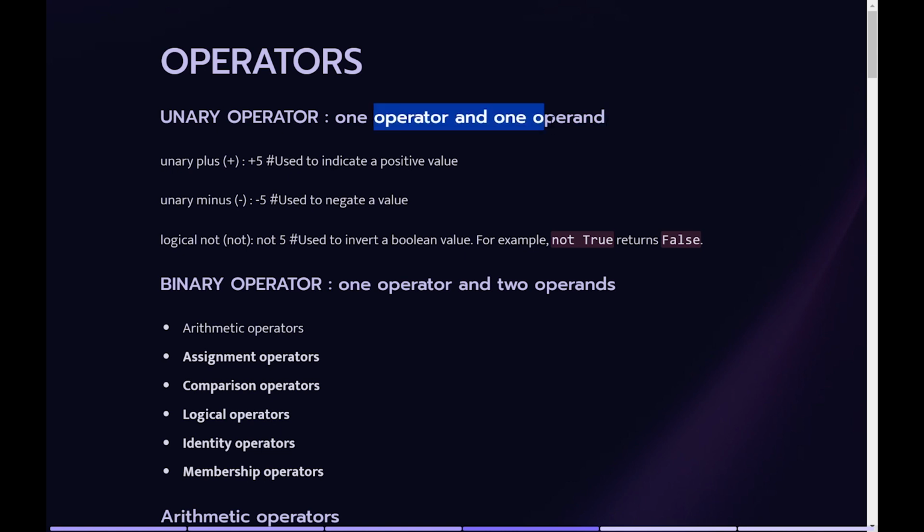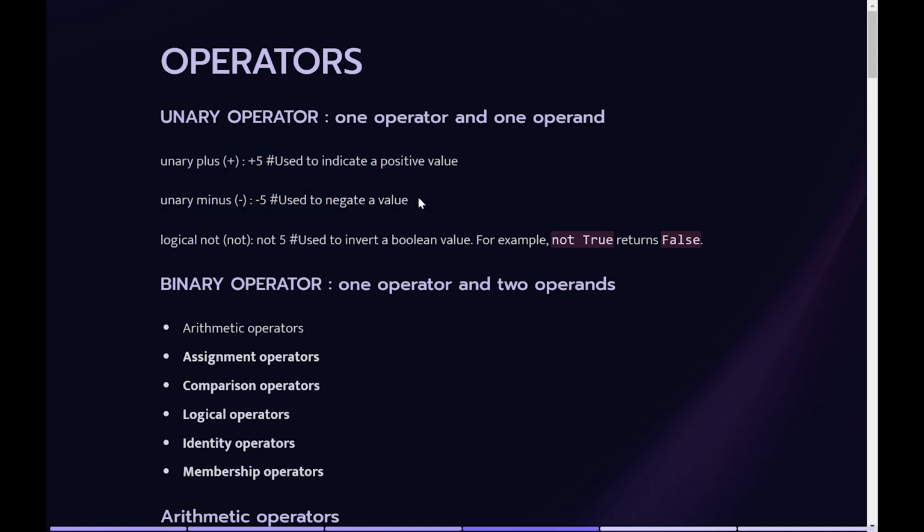So depending on the number of operands, operators can be classified into unary operators and binary operators. As the name suggests, a unary operator takes one operand, whereas a binary operator takes two operands. So you have a unary plus and a unary minus.